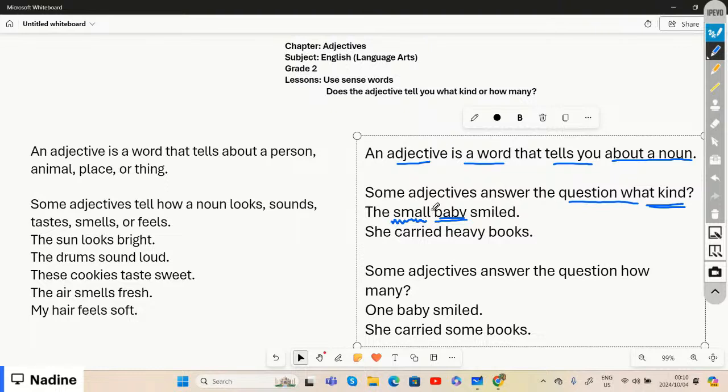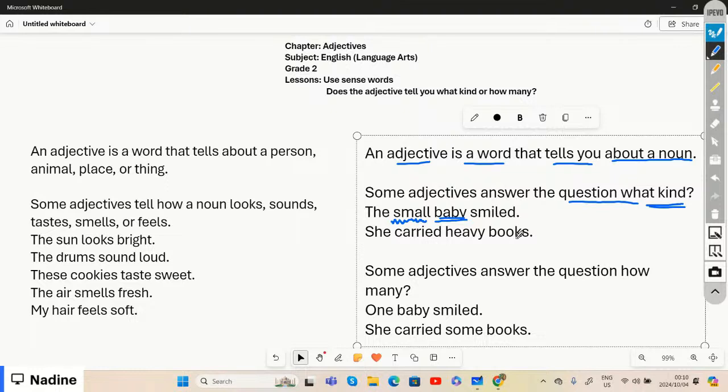So, small tells us about the baby. What kind of baby? It's a small baby.